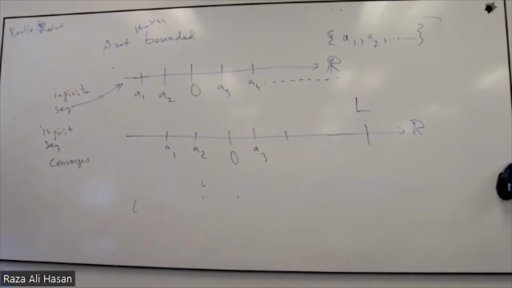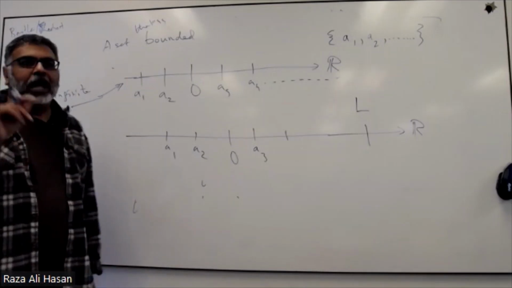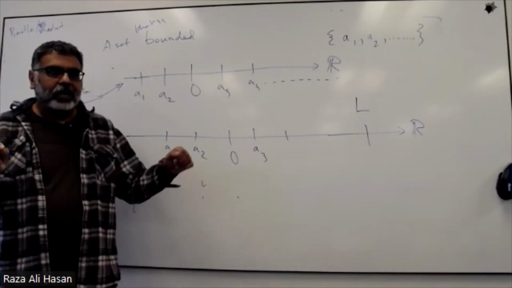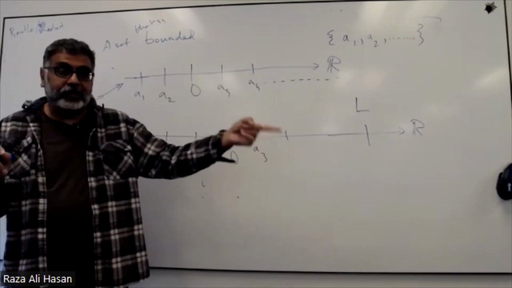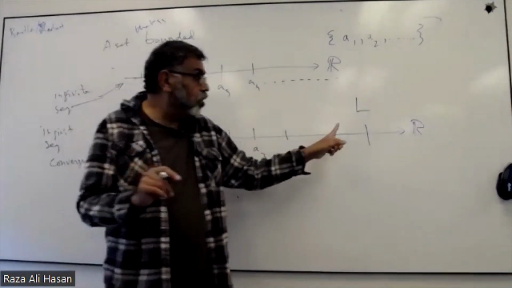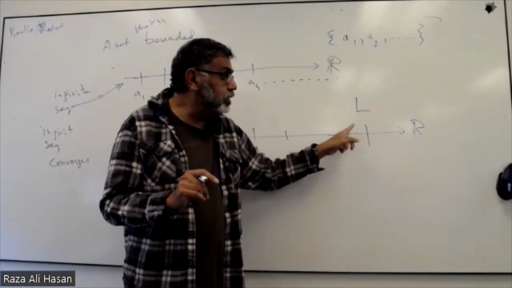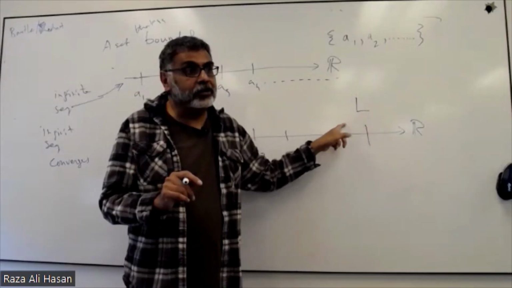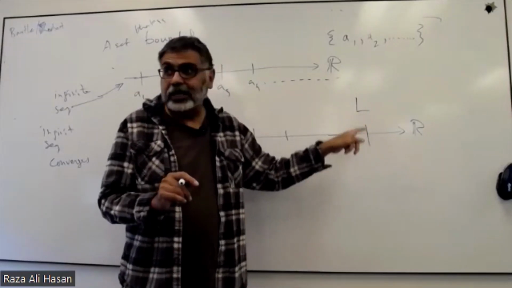And then what are we looking for? We're looking for a term after which all the rest of the terms that come after that, to infinity, will always fall within some epsilon distance of the limit, right?